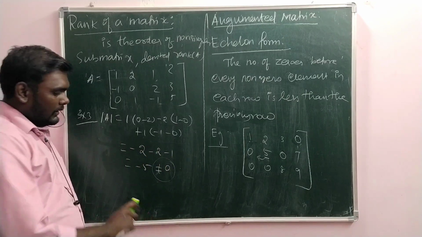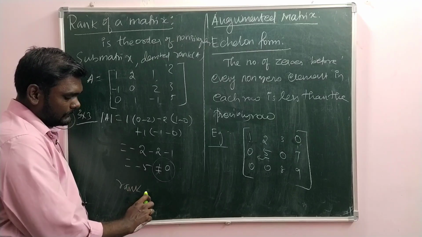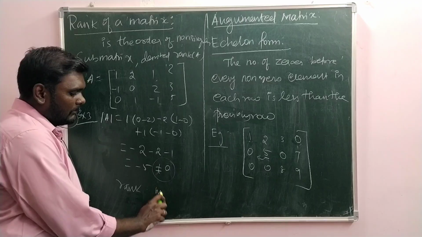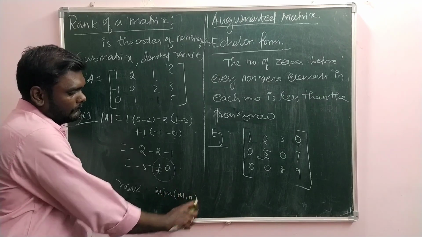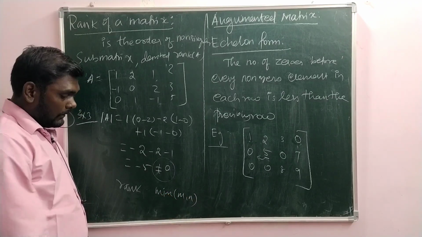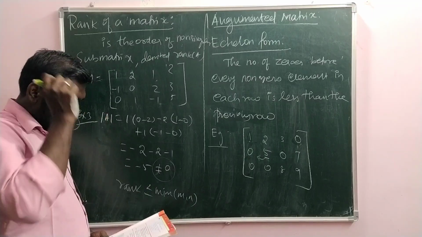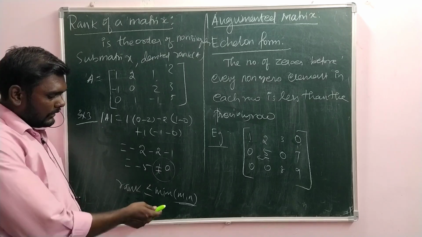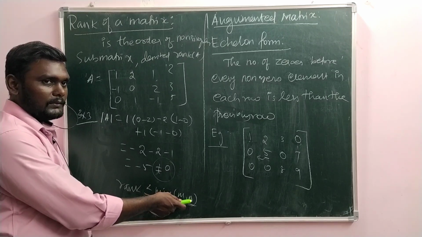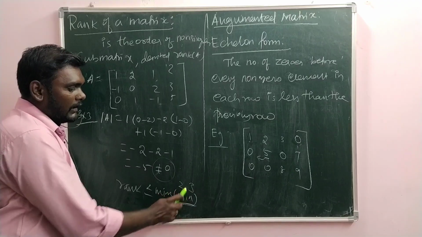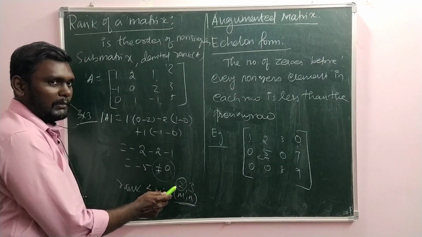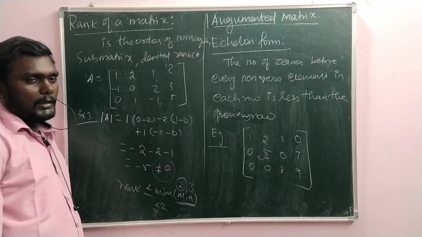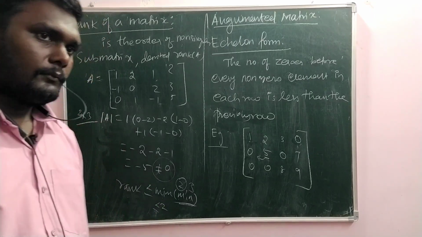Then the rank of the matrix will be less than or equal to the minimum of m and n, where m is the number of rows and n is the number of columns. Here, with 2 and 3, the minimum is only 2, so the rank will be less than or equal to 2, and we can decide like that. Okay. Alright.